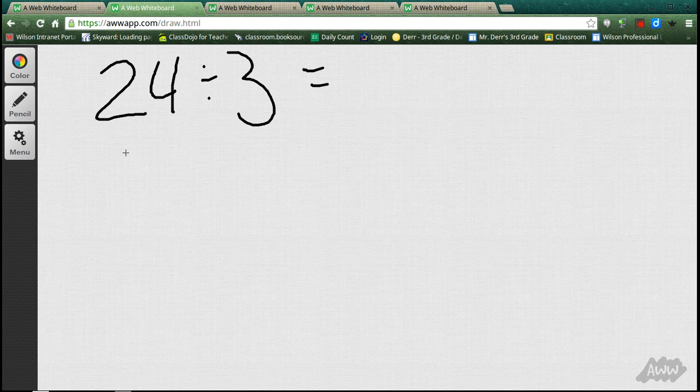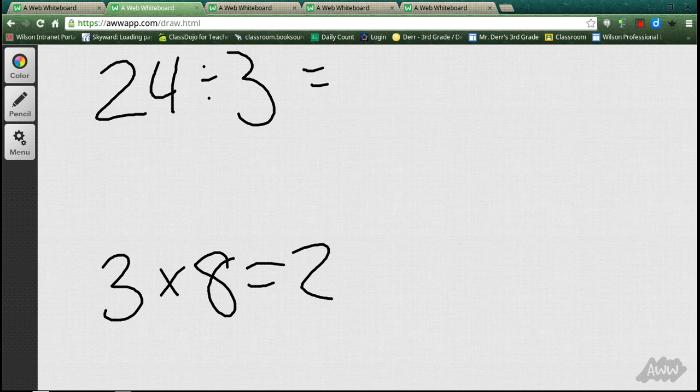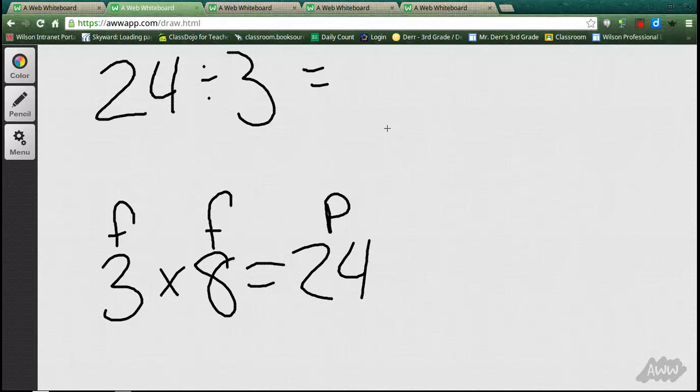We know in multiplication that 3 times 8 equals 24. And we know that our 3 is a factor, our 8 is a factor, and 24 is our product. But let's talk about what these numbers mean in our division equations.